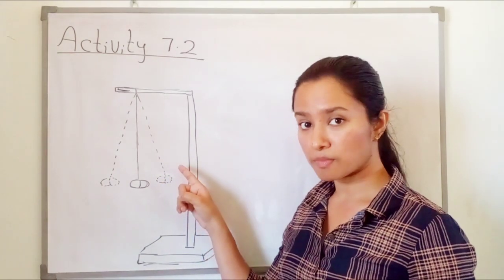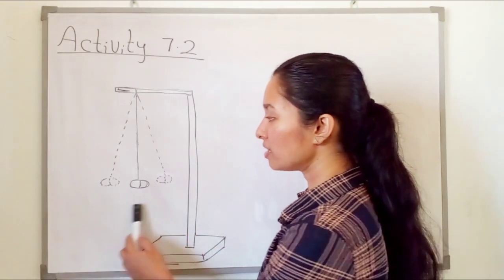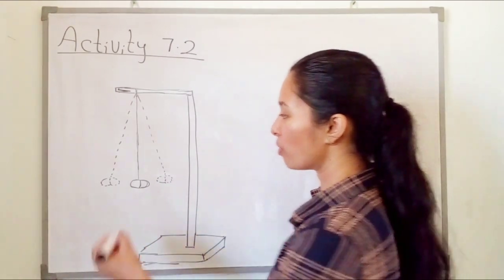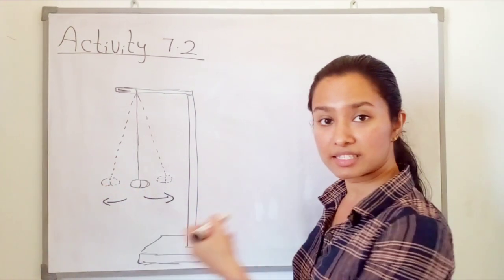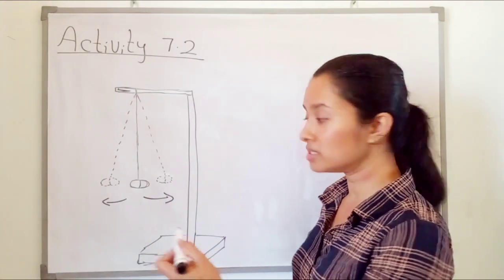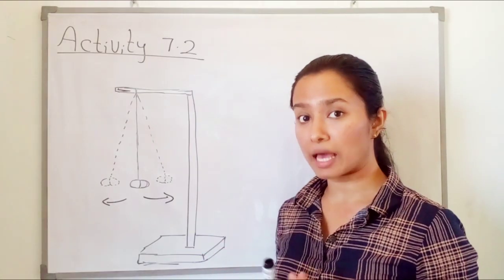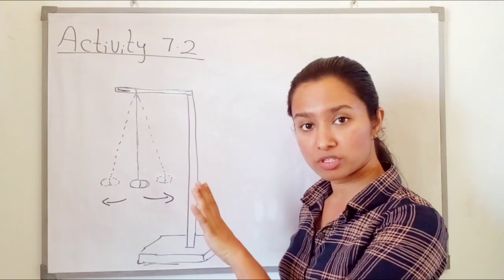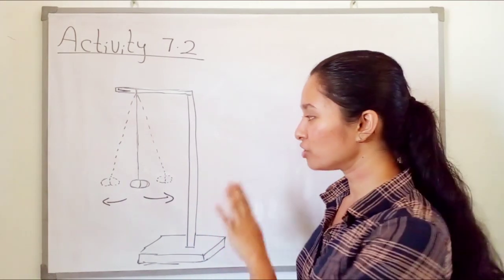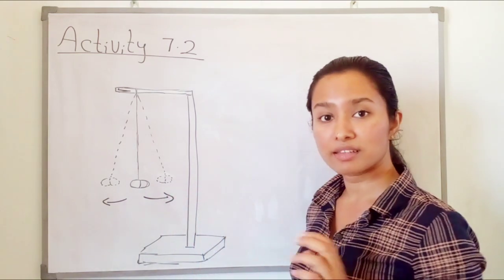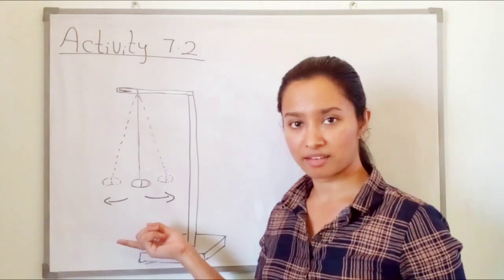So what will happen? The stone will move to both sides. You can see the movement of the stone. So what did we apply? We apply some push. That means we apply small energy to this stone. That's why the stone is moving.